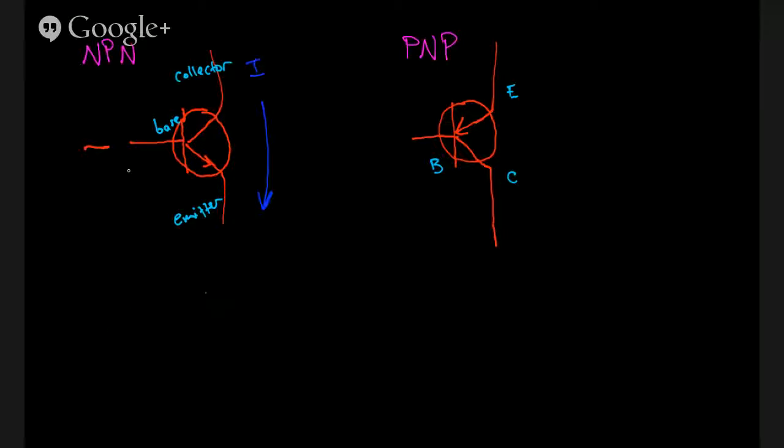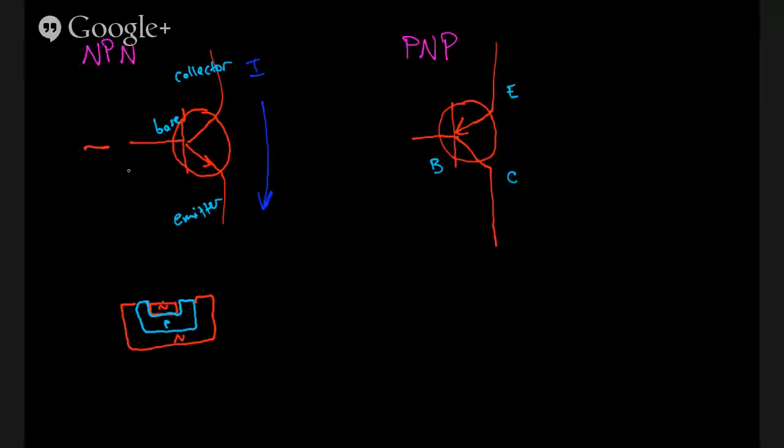And so a transistor is pretty simply just a bit of N-type silicon in a channel of P-type silicon, and then another bit of N-type.